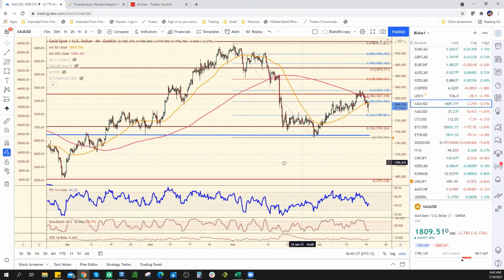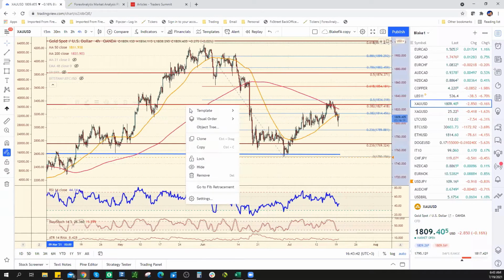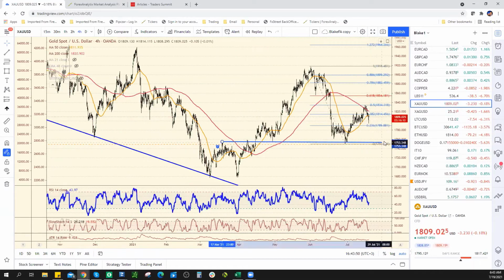Steve, I'm just going to note that we had rejection here at the 50% retracement at 1835. Any dip down, you guys remember the 1760 level is going to be really important, 1755. So I don't think there's anything to do here.